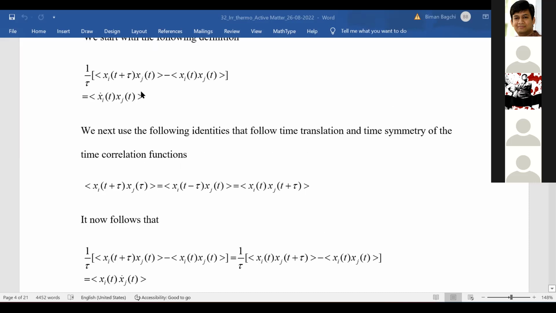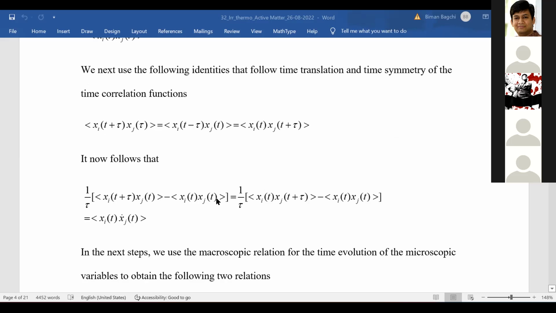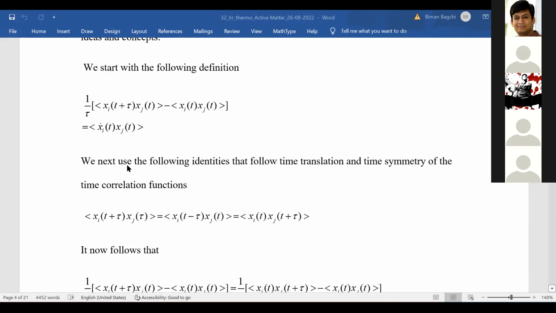So if this quantity Xj(t+tau) Xi(t+tau)... then I can write that as Xi(t+tau) Xj(t), and then I get Xi(t) Xj dot(t). I have shown these two are the same.